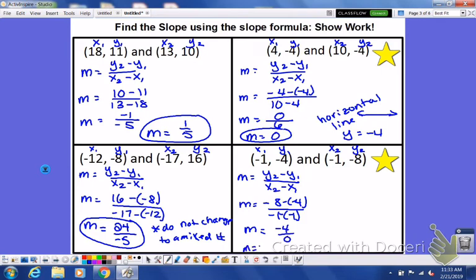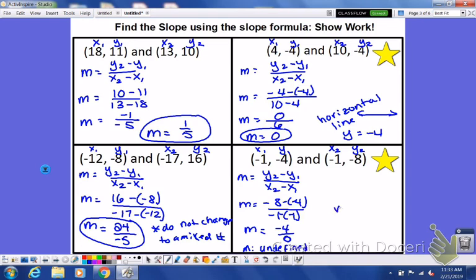When you divide by 0, if you do it on your calculator, you'll get an error because this slope is undefined. And when you have an undefined slope, rewrite that so you can actually read it. Again, we're dividing by 0. That is undefined because you can't divide by 0.